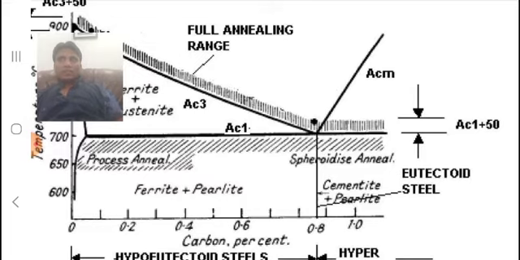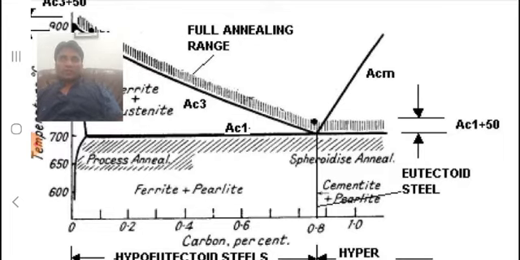Spheroidized annealing is applicable to steels which have more than 0.8% carbon. Parts are heated below this A1 line and held at this temperature for a period of time to convert the microstructure. Essentially, this cementite changes from a lamella formation to an alpha ferrite matrix with particles of spheroidal cementite.